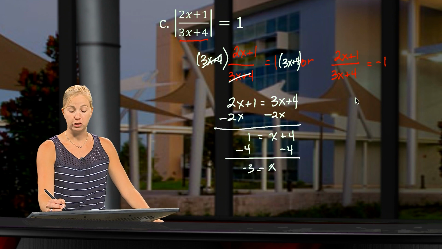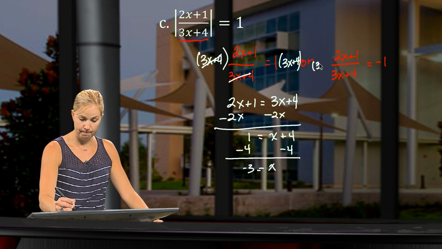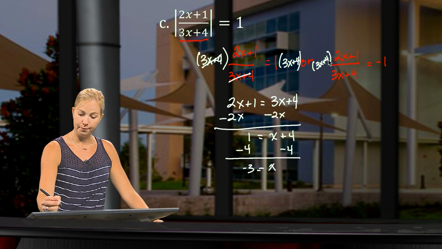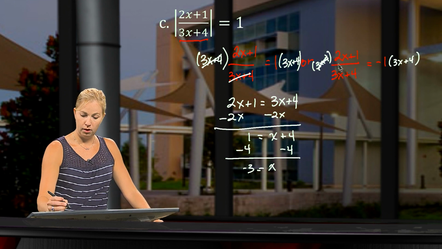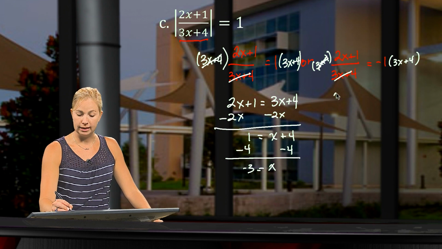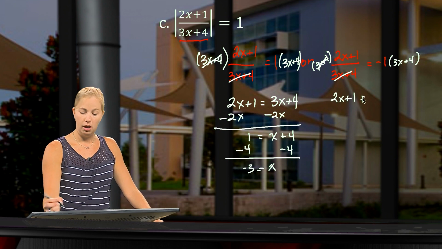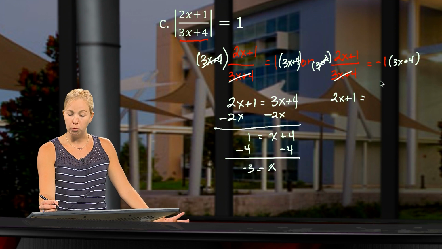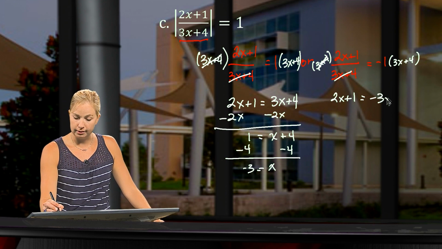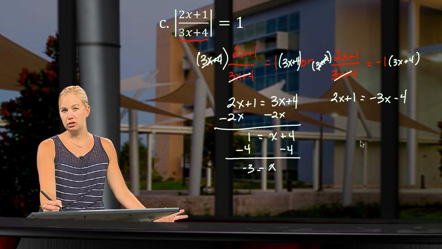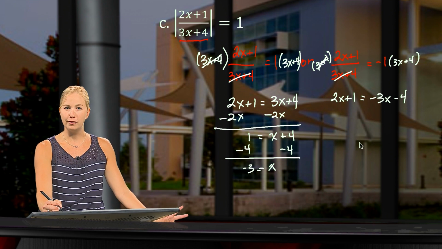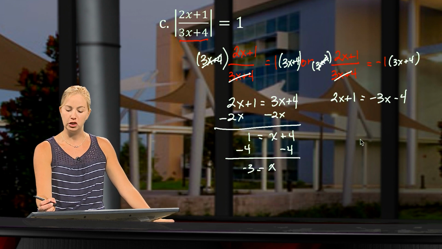And we'll do the same thing for this second equation. We'll end up with the same thing on the left-hand side, 2x plus 1. On the right-hand side, when we distribute the -1, we get -3x minus 4. And in this equation, we're going to perform our steps in a little bit different of an order just so that we don't end up with a negative coefficient on x.